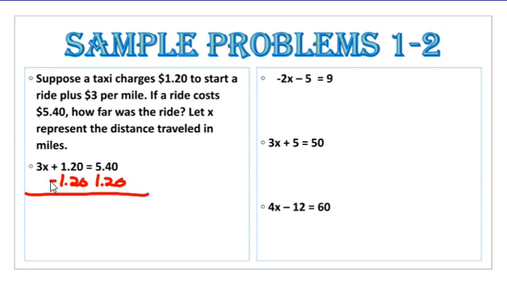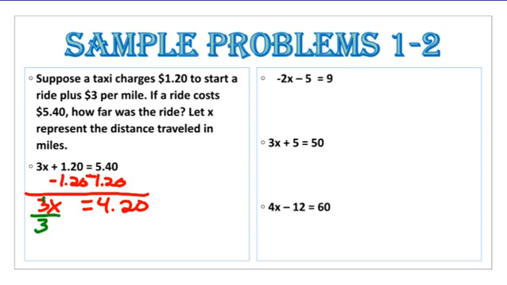So now I just have 3x left over here because the $1.20 cancels out. Then I have $5.40 minus the $1.20, which would give us $4.20.